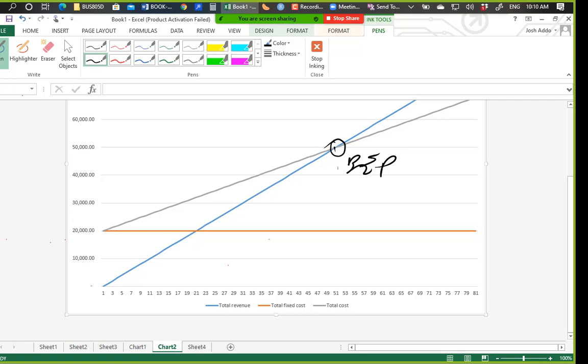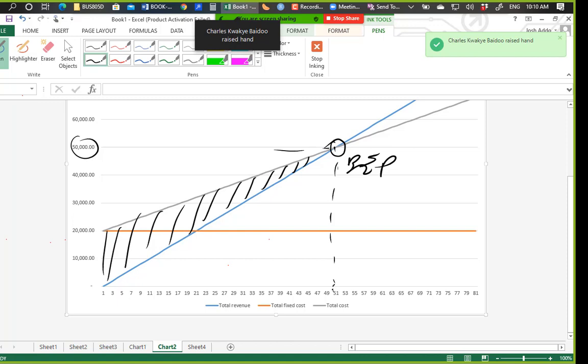So here, down, takes you to about 50. I think every unit is 500. Here takes you to this figure. So this is a break-even revenue, break-even quantity. The region between the two curves below this point are all loss regions, because at this region, total cost curve is lying on top of the total revenue curve.